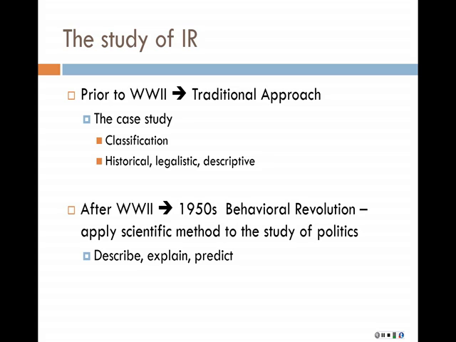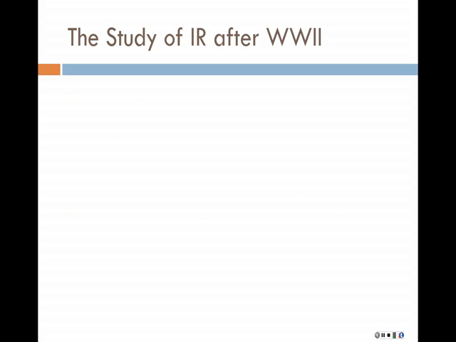Okay, so continuing on this path of what happened after the behavioral revolution. Next came this idea of new institutionalism. This is the idea that institutions in the more traditional approach made a comeback. Remember, prior to World War II, the focus was on institutions, much to the neglect of the human element.